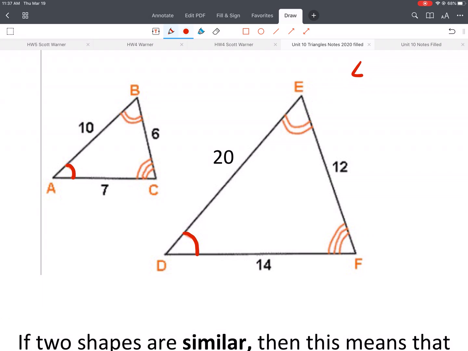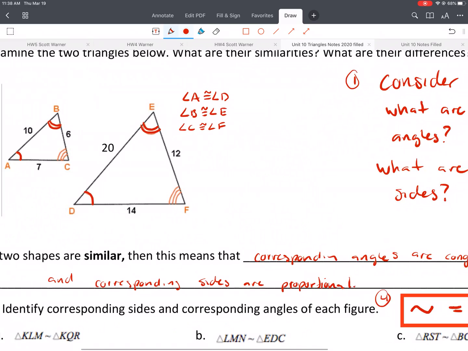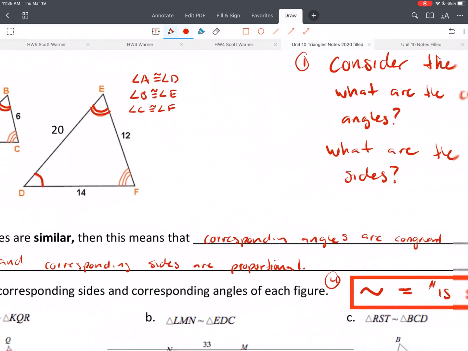So angle A here is congruent to angle D. Here for B we have two lines, so the corresponding angle would be E. So angle B is congruent to angle E. And then the last, where we have 3, angle C is congruent to angle F. Okay? So those are the corresponding angles.